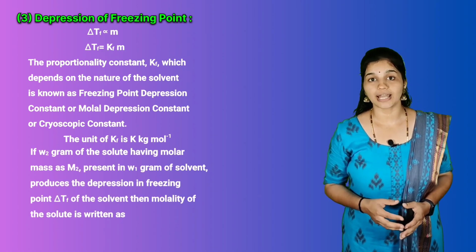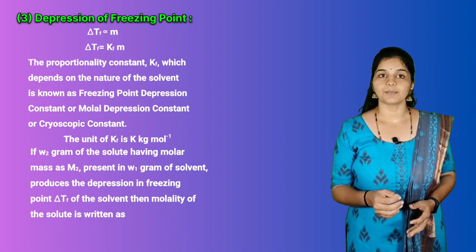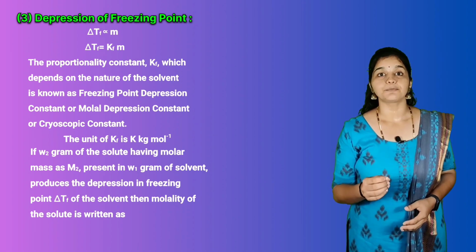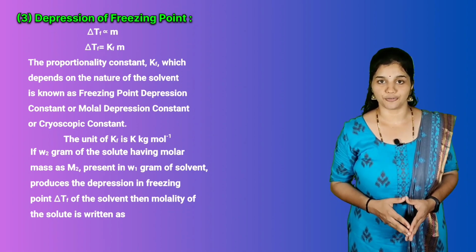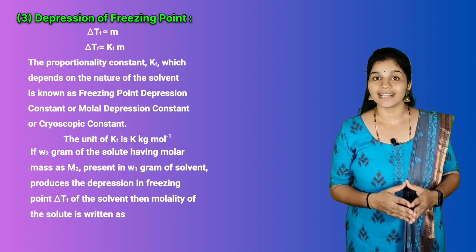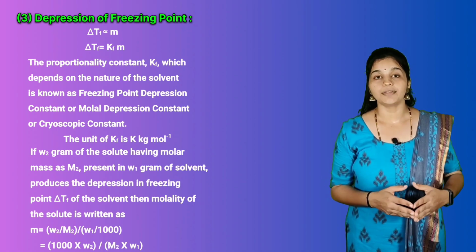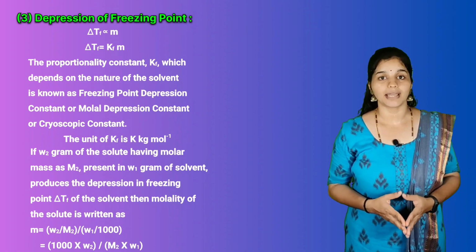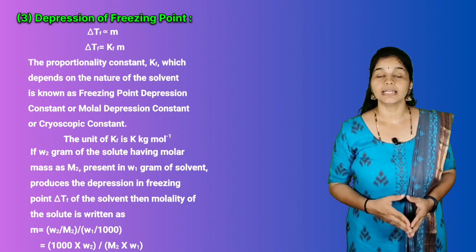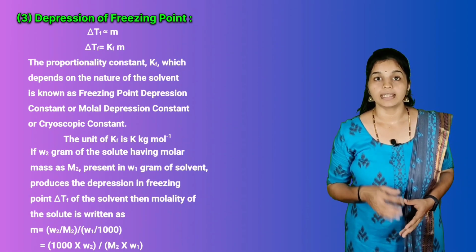If W2 gram of solute having molar mass M2 is present in W1 gram of solvent, it produces the depression in freezing point delta Tf of the solvent. Then the molality of the solution is written as m is equal to W2 divided by M2 divided by W1 by 1000, which is equal to 1000 into W2 divided by M2 into W1.